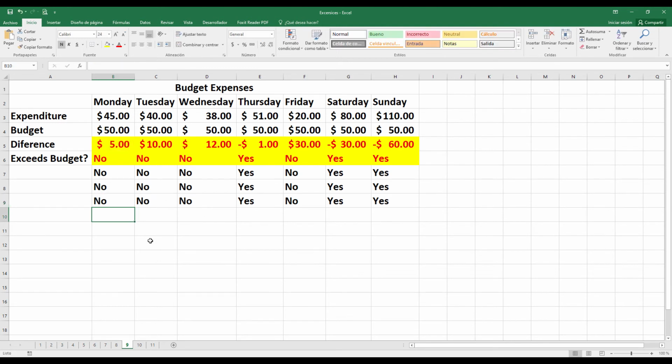Okay, and there are other people that use that condition: if the difference is less than 0, yes and no, it is still working. Okay, this is another way to solve that.